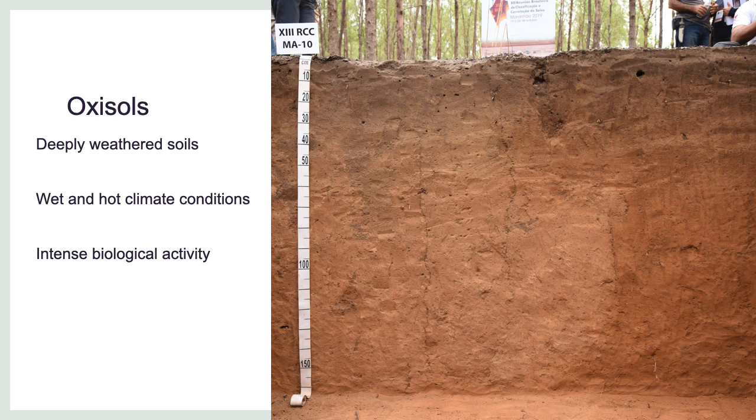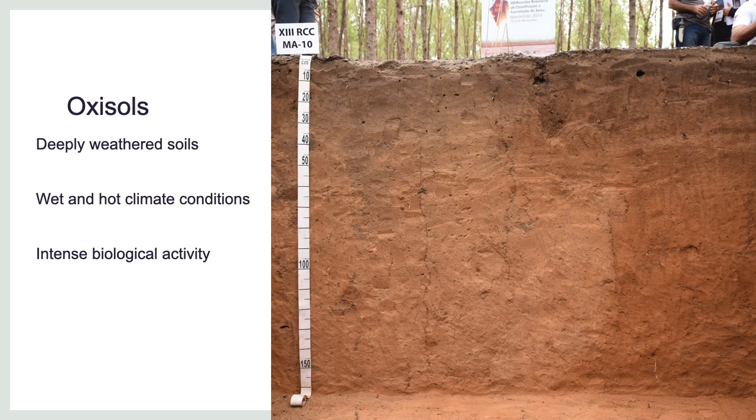So when we talk about andisols, we are talking about horizons and layers in soils that are formed by recent volcanic activity and a very low weathering and leaching, at least a moderate weathering and leaching. But in the oxisols, this weathering is quite intense, it's quite deep.